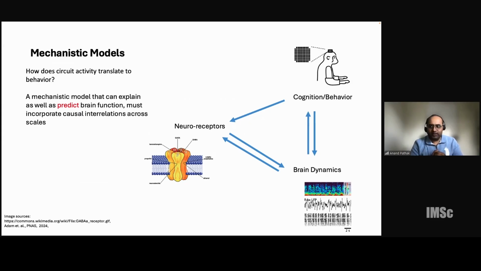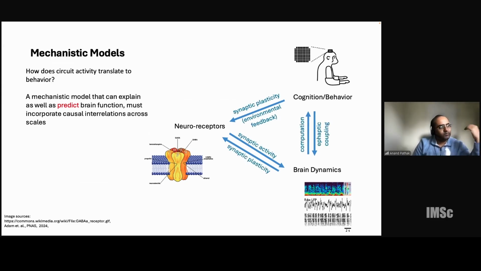But if you want a mechanistic understanding of what's happening right from the level of receptors to neurons to circuits, right into the behavior, and to make some predictions about what happens when there's a dysregulation of the brain circuit and some disease happens, or what happens when there's a drug intervention, then you need a multi-scale model, which can not just describe the system at different scales, but also address the causal relationship between these different scales.